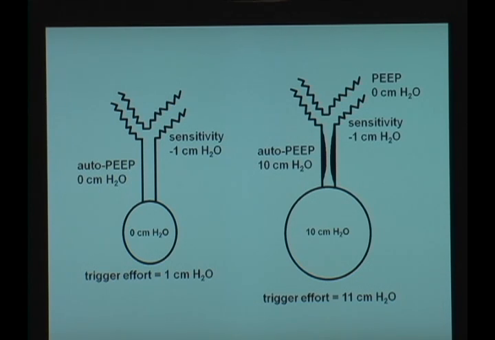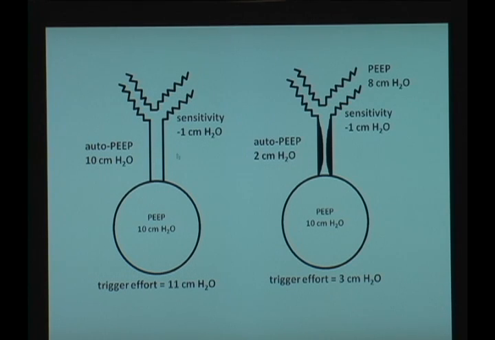So now Ernie wants to add in PEEP, so let's do that. So now here is our patient with 10 centimeters of auto-PEEP, trigger sensitivity of -1. At end exhalation, there's still flow coming out of the airway. So if the pressure here is 0 and the pressure here is 10, there's expiratory flow.